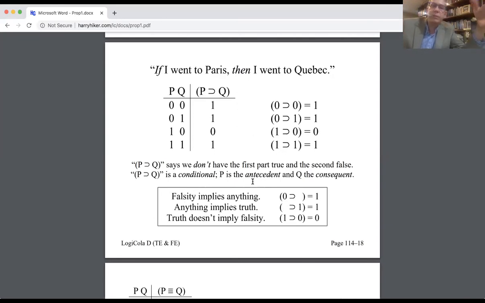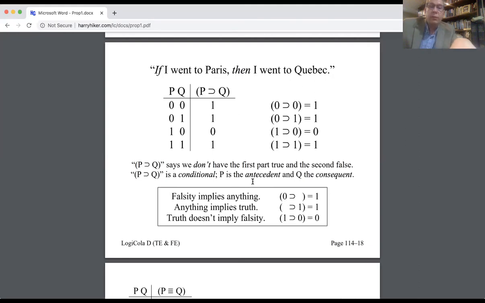But again, my recommendation is to simply memorize it at the beginning. And then as we work with it, as we go through exercises and learn methods that use the horseshoe symbol, use the conditional, then we'll start to think more philosophically about it and try to understand why the truth table comes out the way it does.